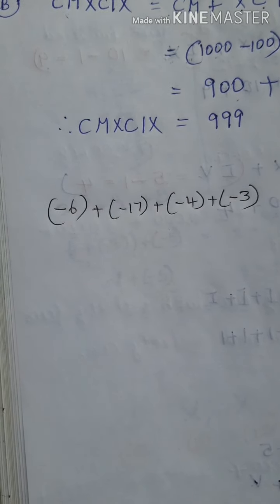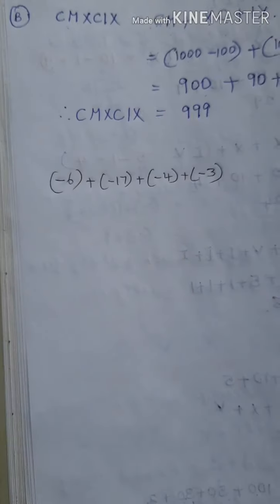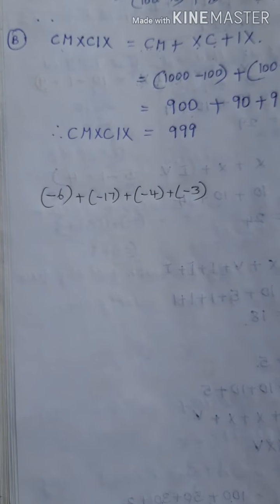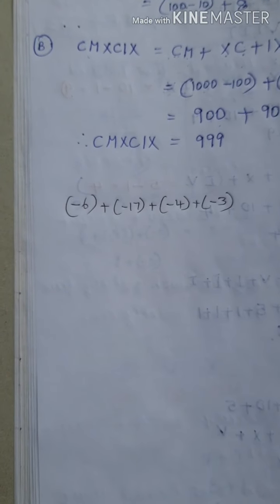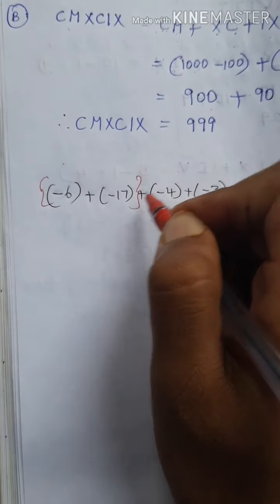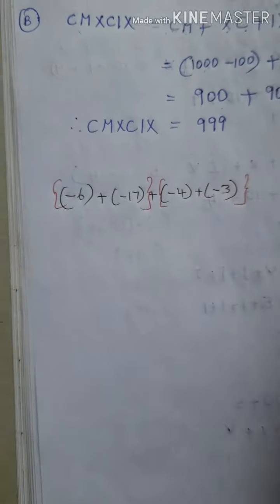I want to solve this using the associative property of addition. Associative property means you are grouping the numbers. So first you can add two numbers. I am first adding these 2 numbers, then I am adding these 2 numbers.